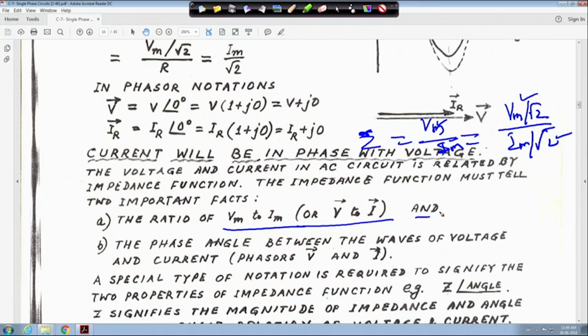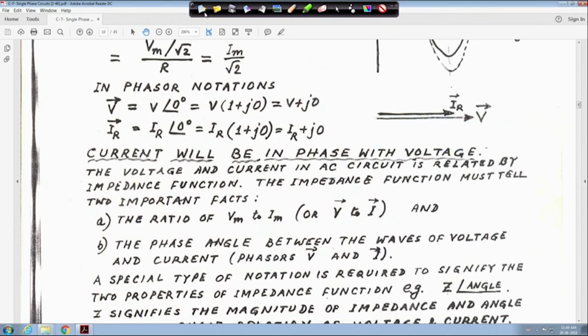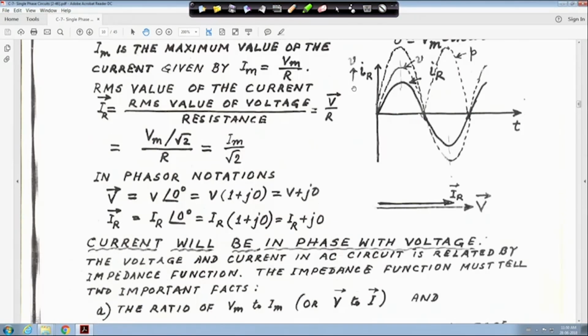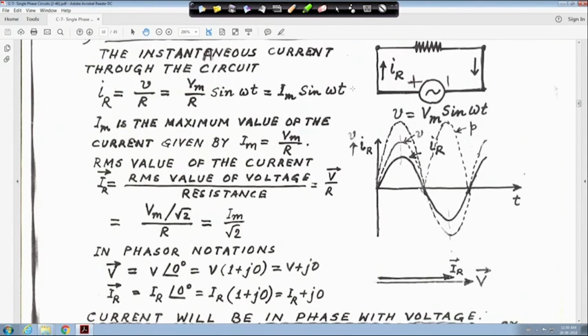In the case of a resistive circuit, impedance is actually a complex quantity, but in the case of R, this is only R, right.